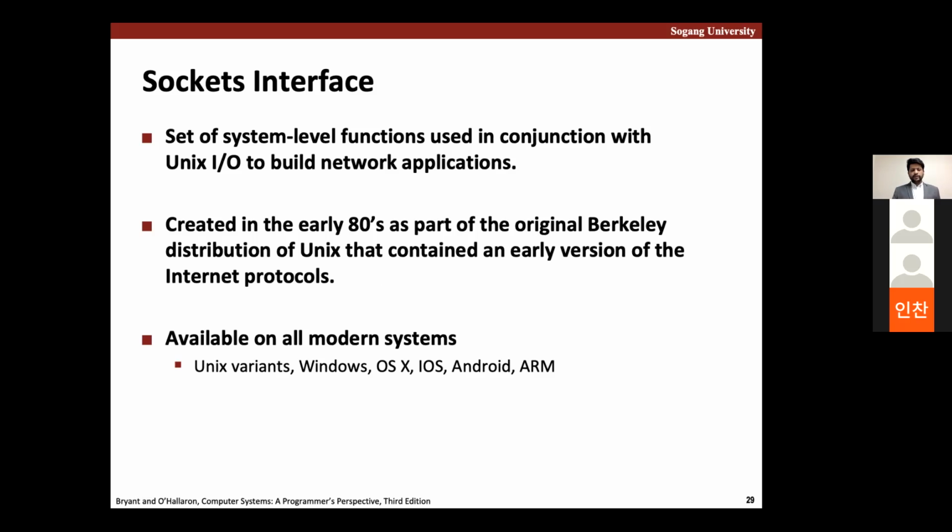It was created in the early 80s as part of the original Berkeley distribution of Unix that contained an early version of the Internet protocols. It is available on all modern systems: Unix variants, Windows, OS X, Android, Macintosh, and all these machines have the socket interface.